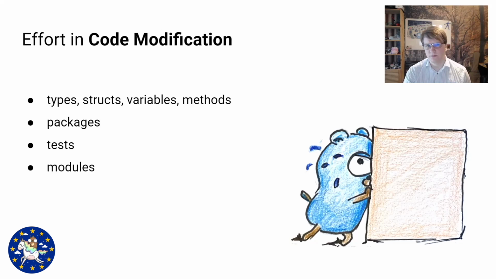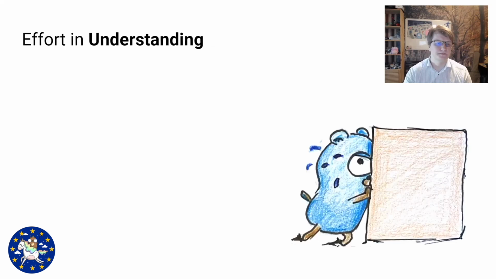Or modules. How is it composed? How do different parts of the system work together? Maybe we need to update documentation. And of course there's more, but the idea is that there's some amount of physical effort we need to do when we want to make a modification in the code base. It doesn't need to be code per se, but it's usually some sort of artifact.